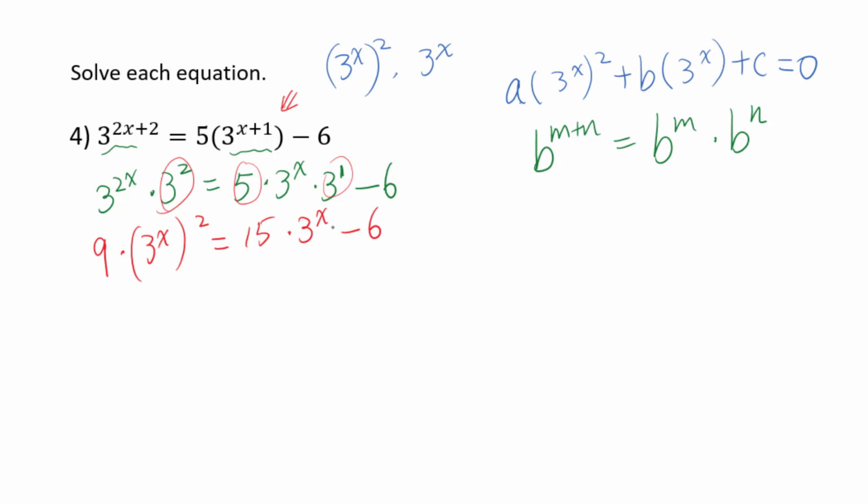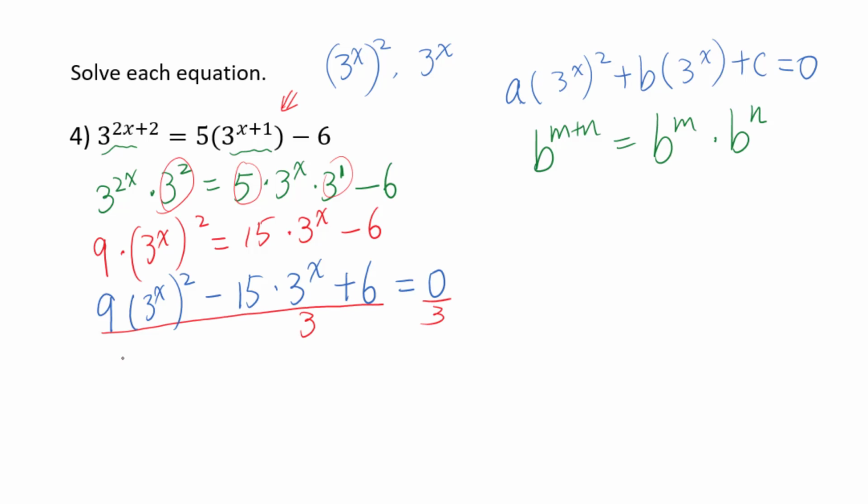Since this is a quadratic pattern equation, we need to make it equal to 0 form. 9 times 3 to the x power squared minus 15 times 3 to the x power plus 6 equals 0. We have a common factor of 3, so we divide both sides by 3. 3 times 3 to the x power squared minus 15 divided by 3, that is 5 times 3 to the x power. 6 divided by 3 will be plus 2 equals 0.